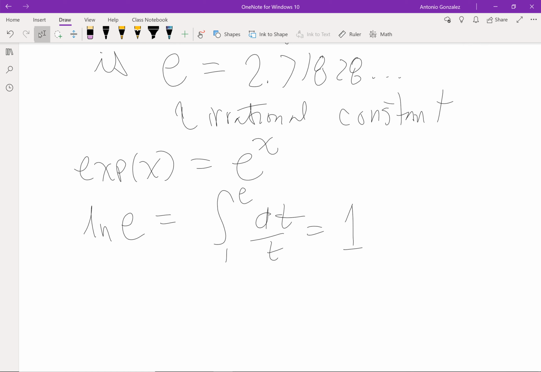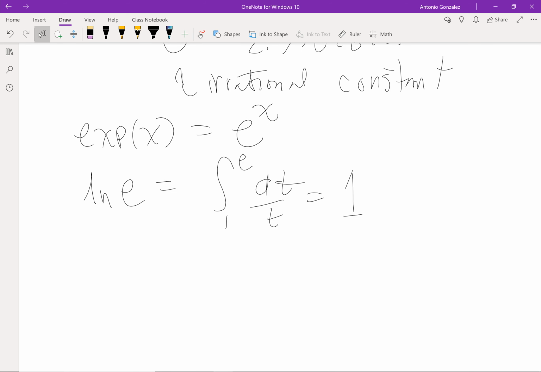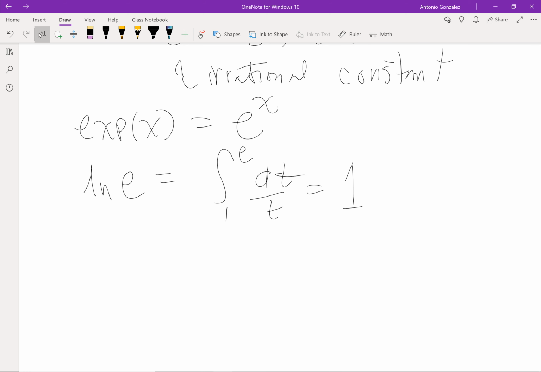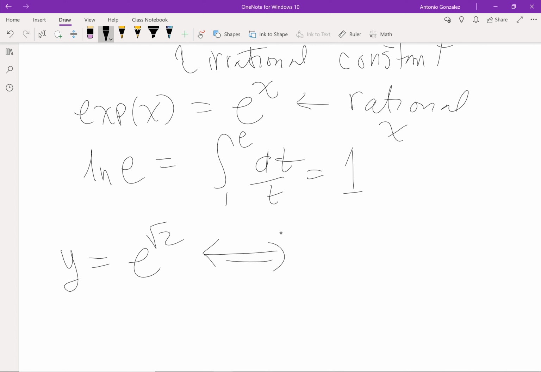To wrap this up for right now, so far we thought of exponents as rational, but we do not need to be confined to that. For example, if y is equal to e to the square root of 2, that means that the natural log of y is equal to the square root of 2.